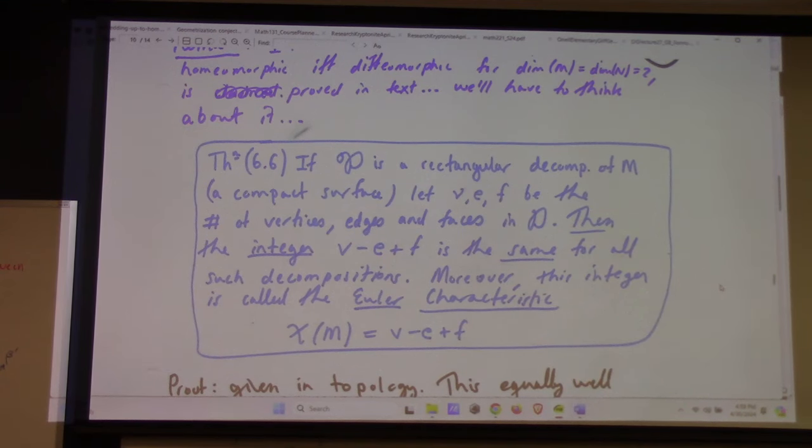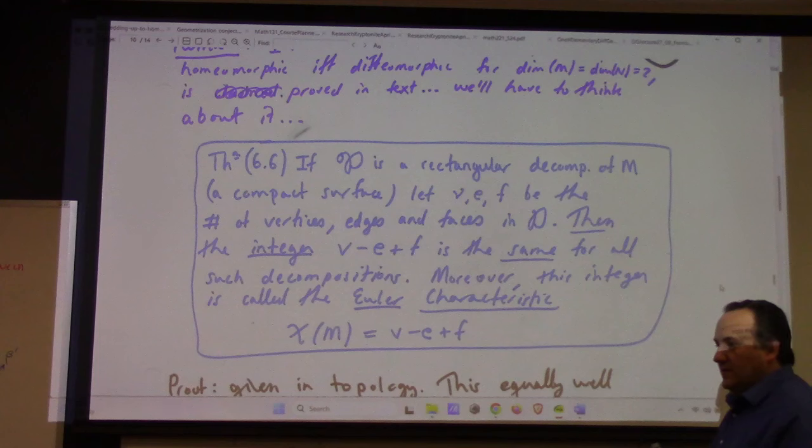This is a result from topology. It says if P is a rectangular decomposition of a compact surface, and V, E, and F are the number of vertices, edges, and faces of the decomposition, then the integer V minus E plus F is the same for all such decompositions. And moreover, this integer is called the Euler characteristic.